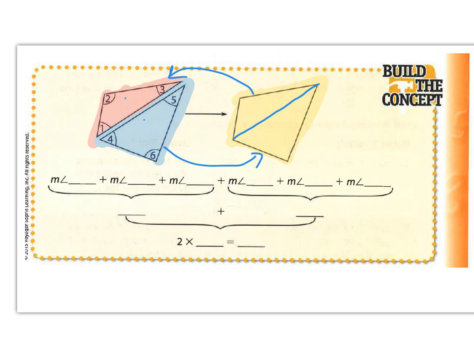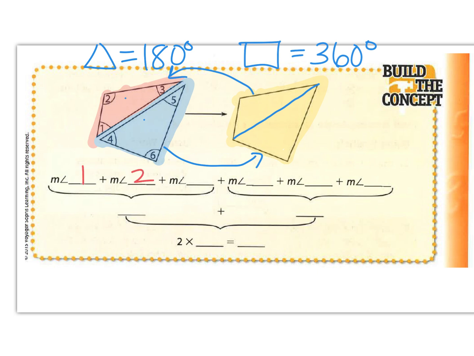So remember that angles in a triangle, all of them equal 180 degrees. So triangles equal 180 degrees. Quadrilaterals equal 360 degrees. So that means if we do angles 1, 2, and 3 from the red triangle, I'm going to change those quick to red.